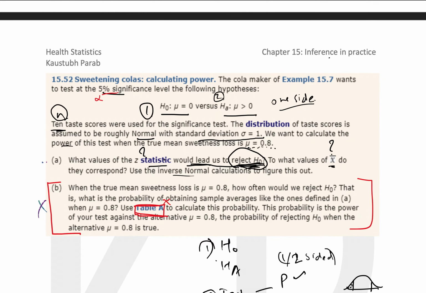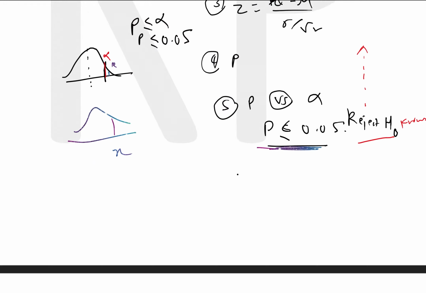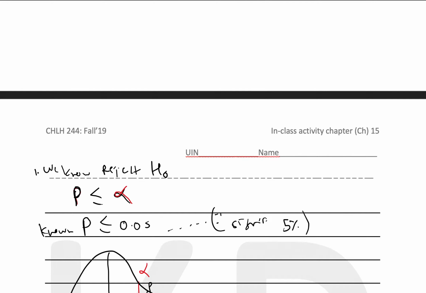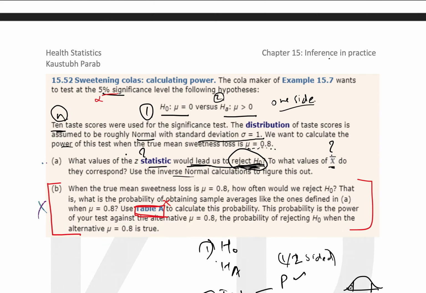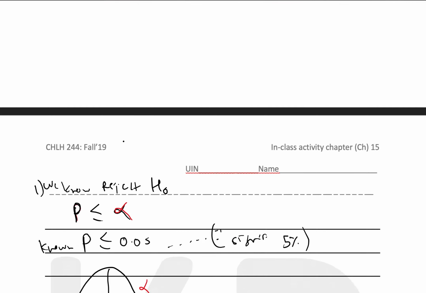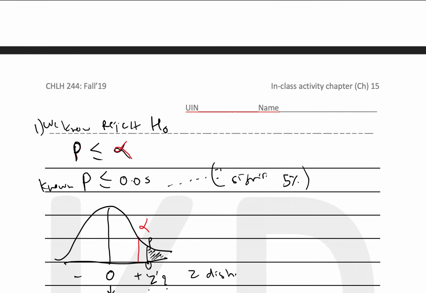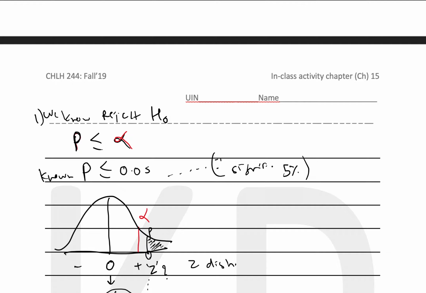We want to find a corresponding z value that would lead us to reject the null hypothesis. So our first step for this particular question is this: alpha in this case is 5%, because a 5% significance level is given to us. So p less than 0.05, right?